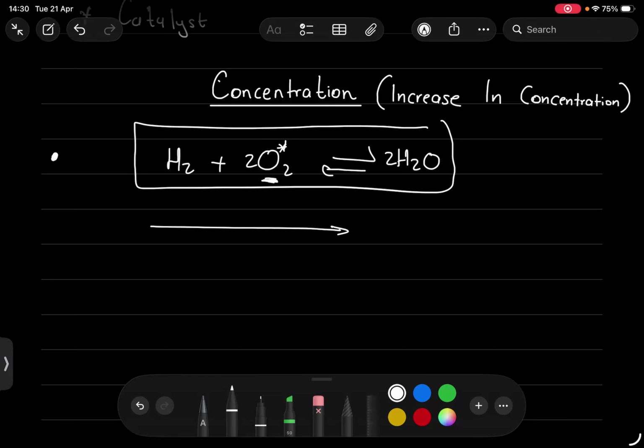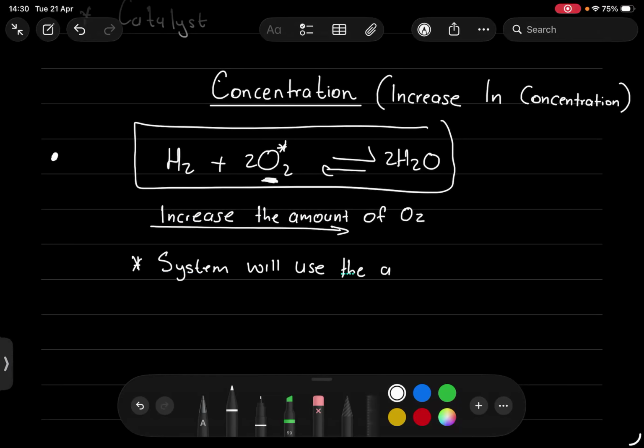Because whenever you increase the amount of oxygen, the system will use the oxygen to produce what?